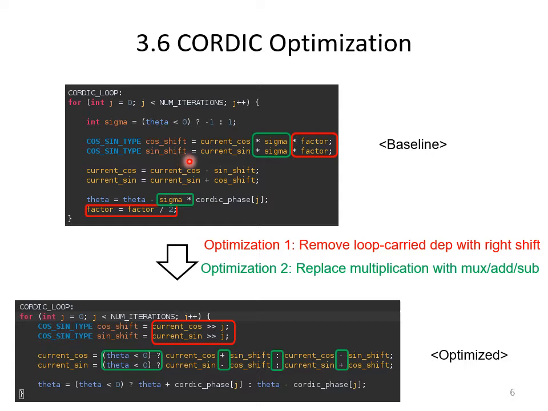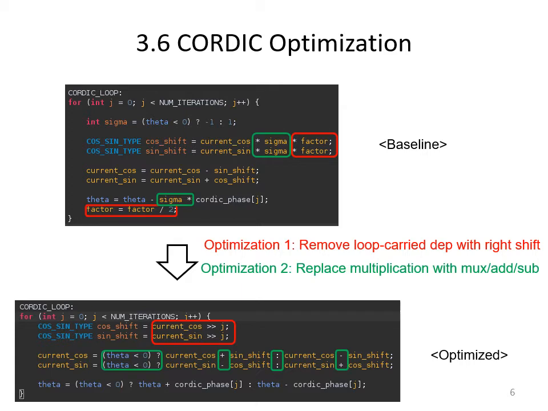And that's why down here, I replaced sigma with the ternary operator that either subtracts or adds sine shift and cosine shift depending on the sign of variable data.